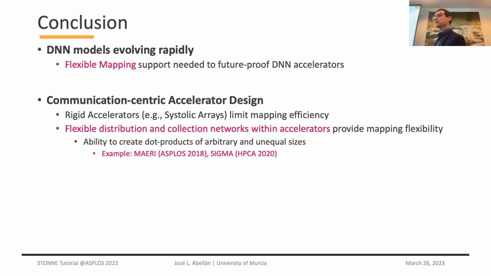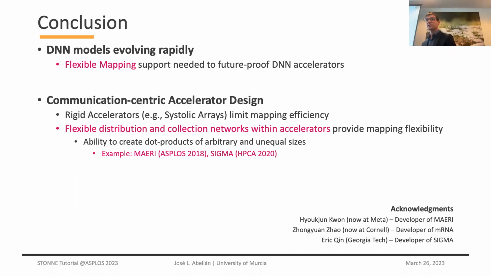In order to design the next generation DNN accelerator, we need a philosophy inspired by the communication-centric approach in which we distinguish between distribution, multiply, and also reduction networks. And in order to provide the flexibility, we need to implement lightweight, tiny switches that are inside the network topologies, so that we can create dot products of arbitrary sizes. And I have presented Sigma in order to motivate these successful DNN accelerators that implement this.